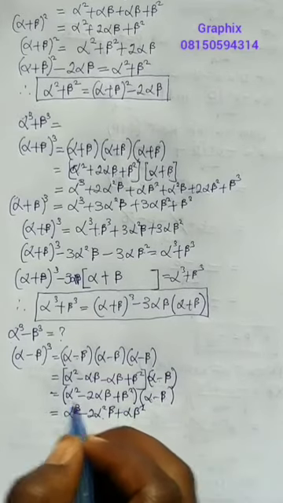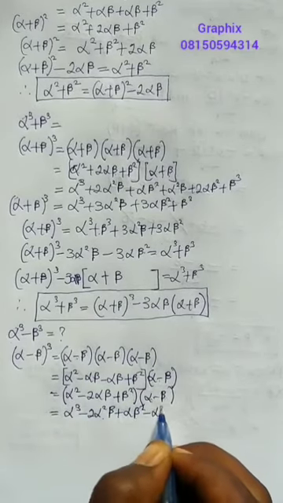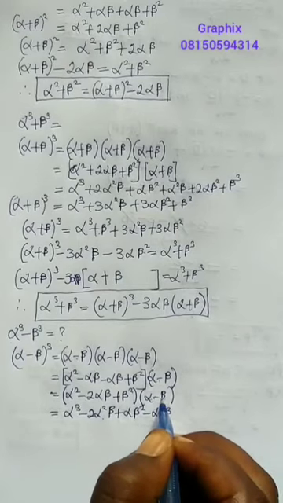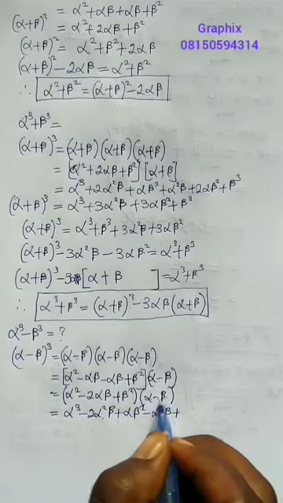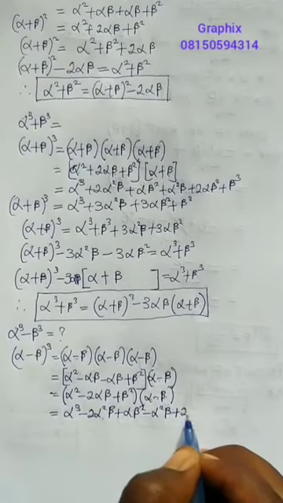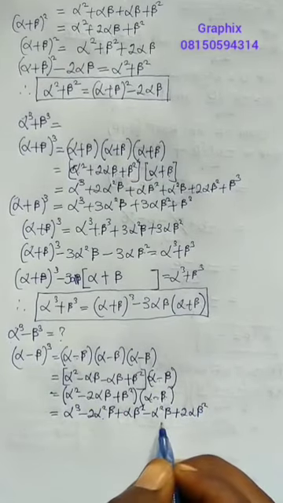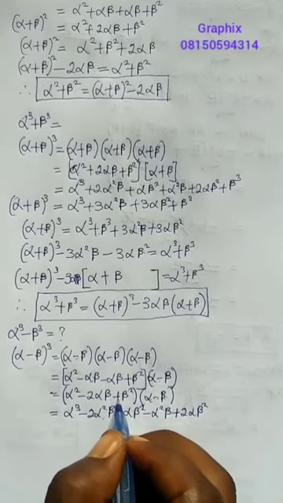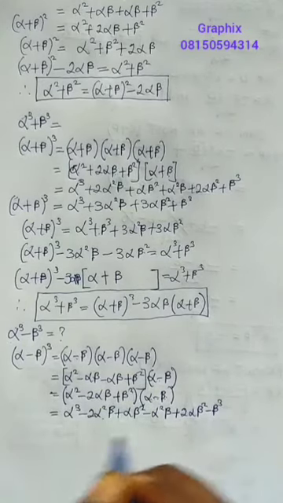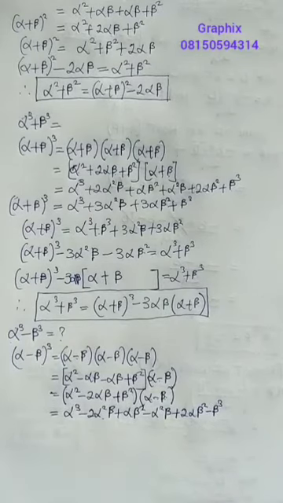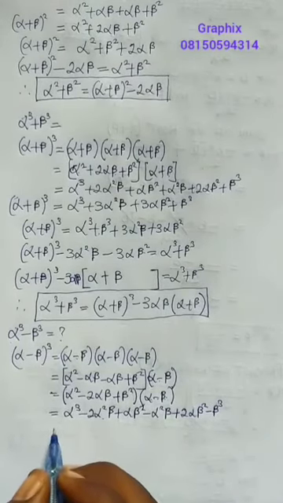Minus beta times alpha squared will give you minus alpha squared beta. Minus beta times minus 2 alpha beta, but minus times minus is plus, beta times alpha beta is alpha beta squared, so we're having 2 alpha beta squared. Minus beta times plus beta squared will give you minus beta cube.